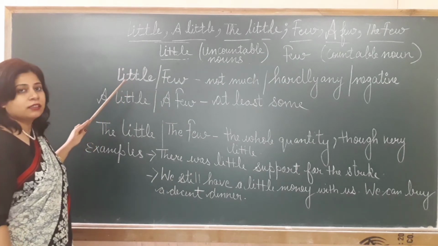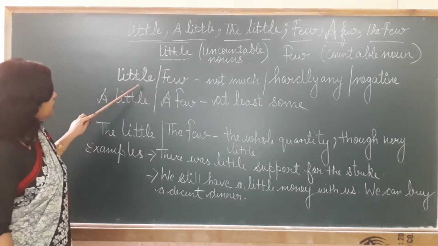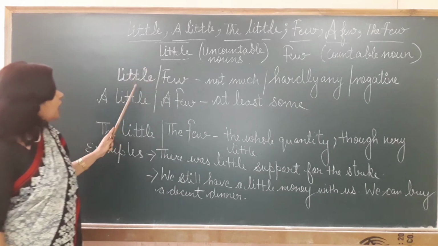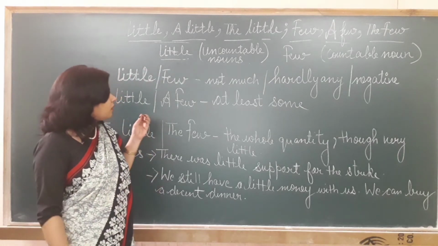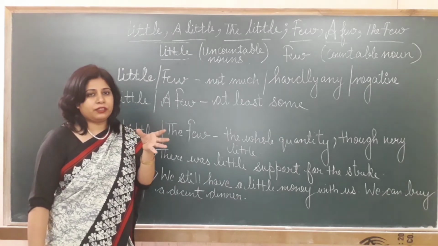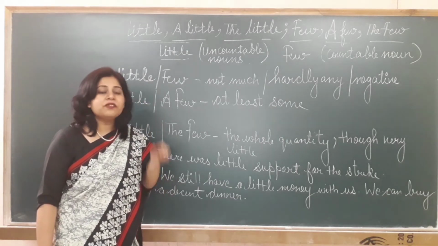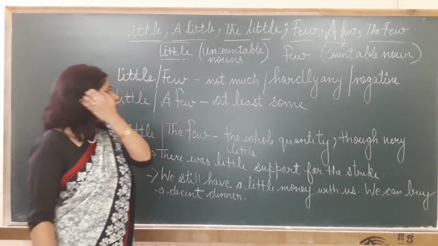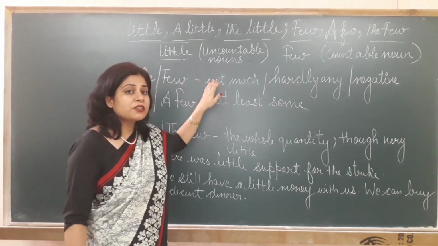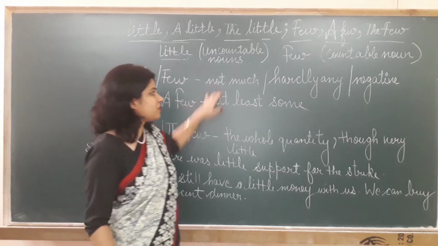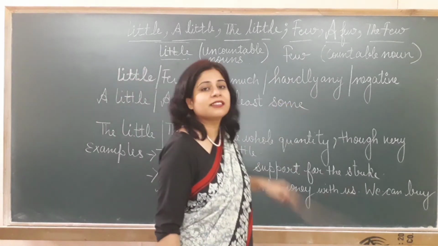Now let us see here little and few. Little and few denote relatively a very small number, infinitely small quantity. Fine. So little and few denote infinitely small quantity, not much, hardly any.